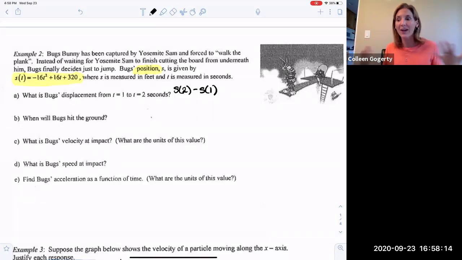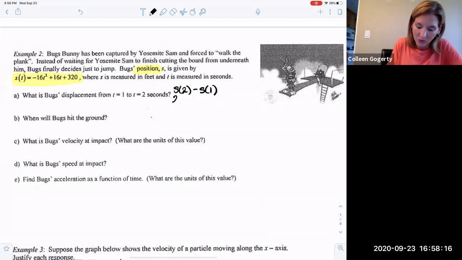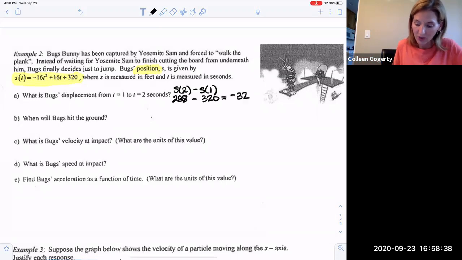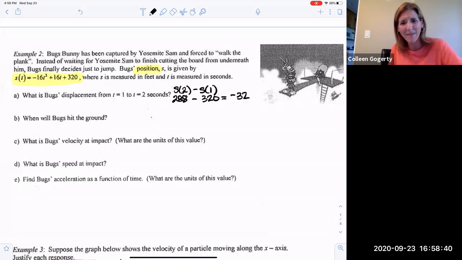So I need to know what is S of 2, and it's 288, and S of 1 is 320, and I'm just letting my calculator do that work for me. Remember, you can hit second, trace, and then the very first option is value. Plug in 2, plug in 1, get out those numbers, okay? So you should get out a negative 32, and before we keep going, I wanna know, what does that mean?